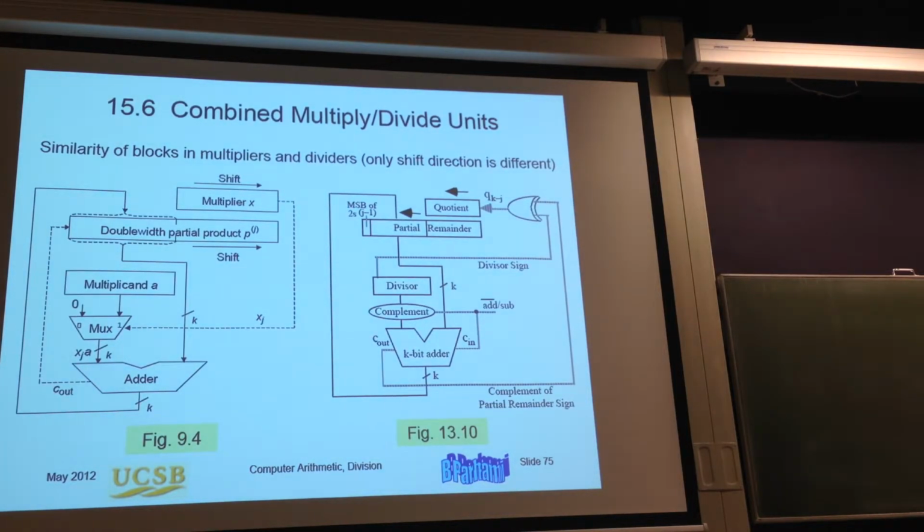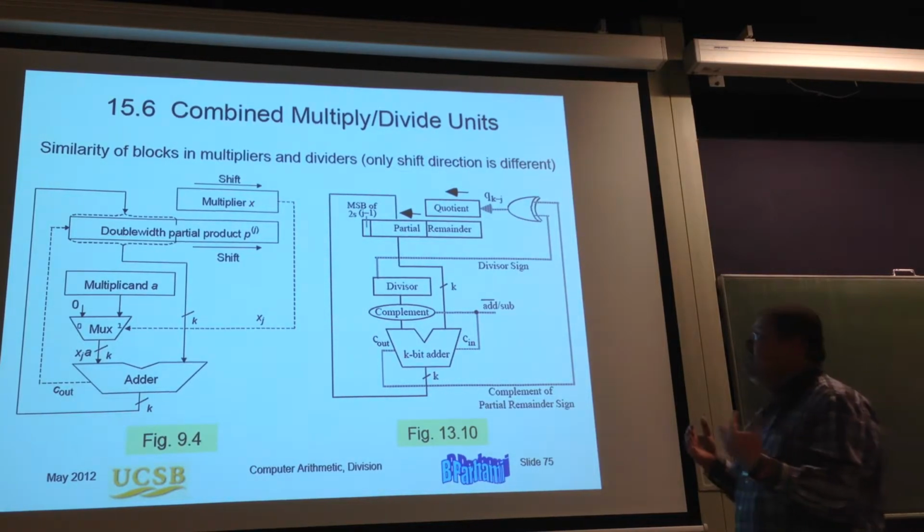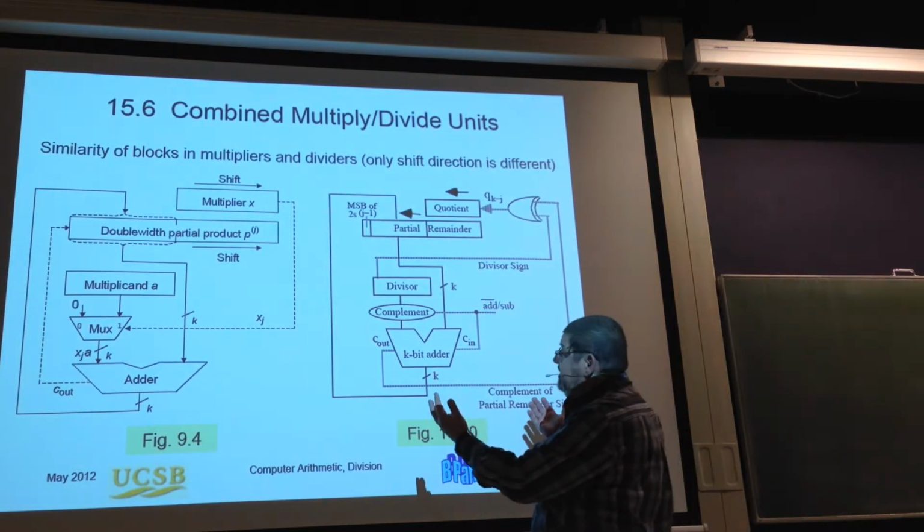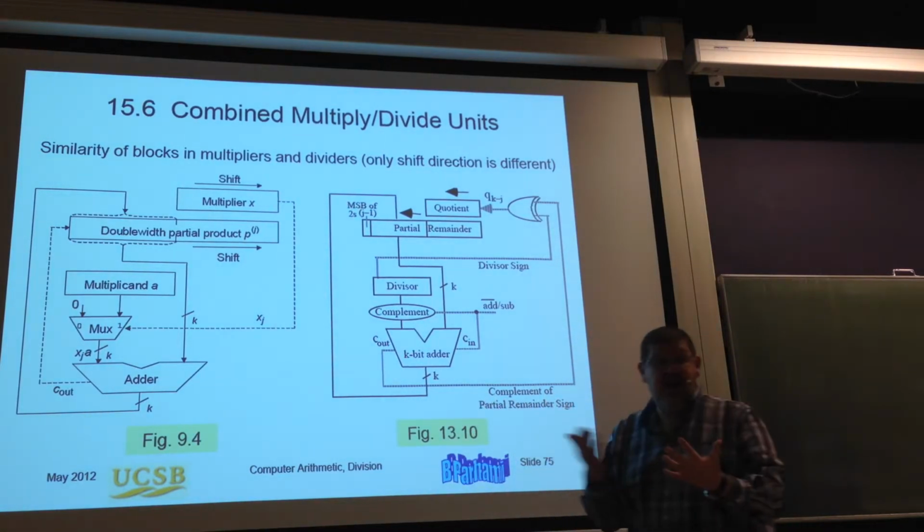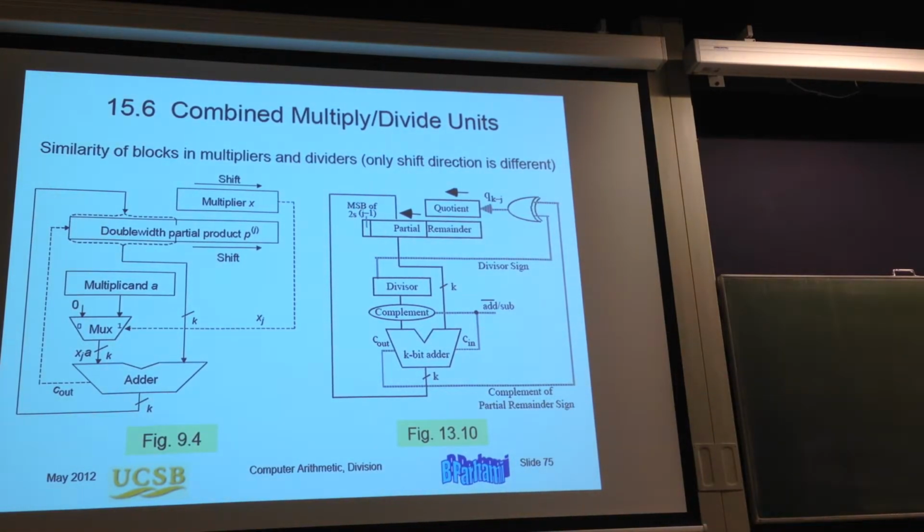Now, as I mentioned, on the array multiplier and array divider, and on the serial multiplier and serial divider, you see there is similarity between the two, and this can help you to share the logic and to combine multiply, divide units.